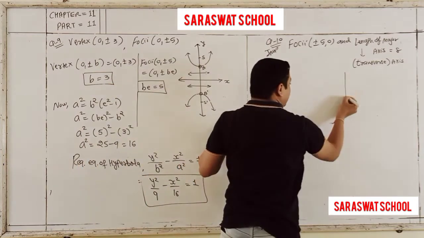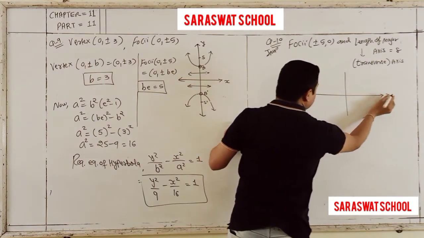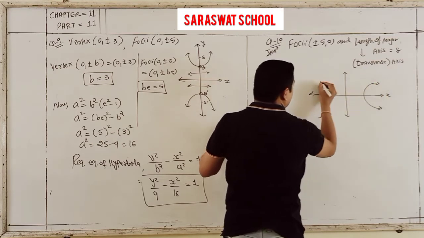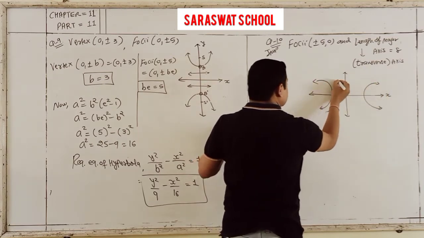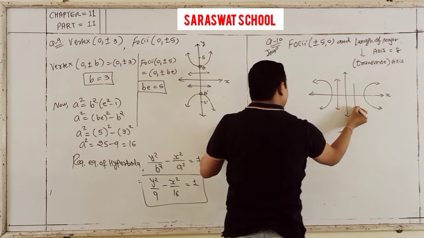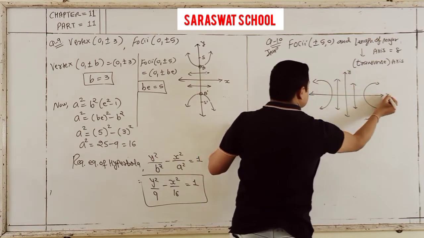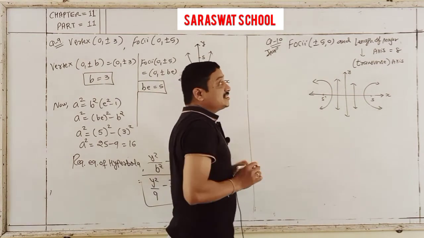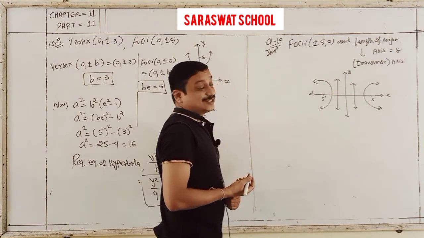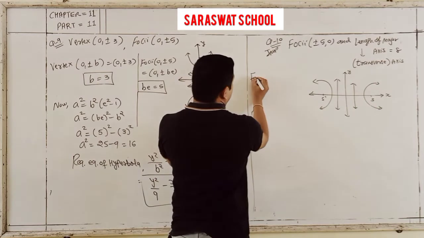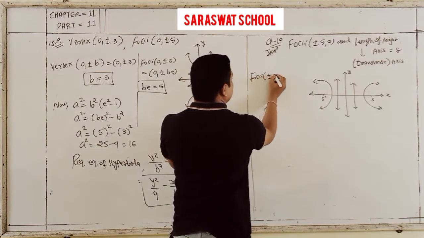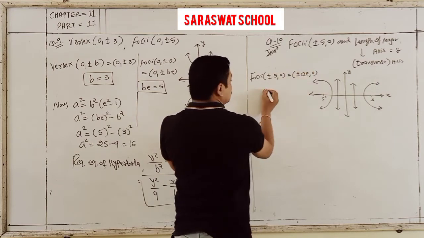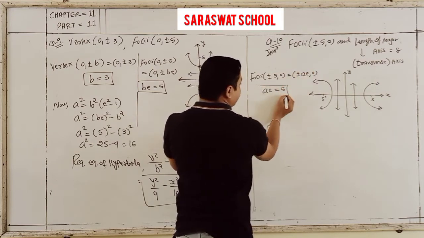So I draw here again the x and y axes and the hyperbola towards the x-axis, with two directrices and the foci. The transverse axis is on the x-axis, so the foci are (±5, 0), but actually (±a, 0), so a is equal to 5.